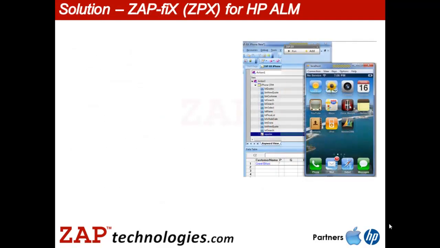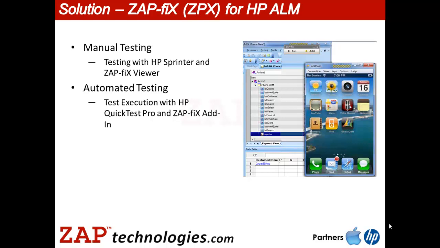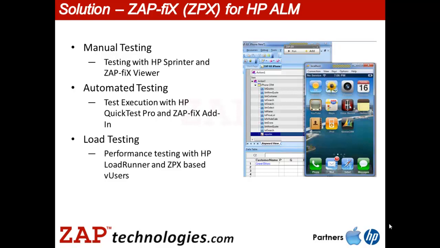Now, the solution for all these challenges is ZAP-FIX for HP ALM. For manual testing, we offer testing with HP Sprinter and ZAP-FIX Viewer. For automated testing, we can use QuickTest Professional with the ZAP-FIX add-in. And for load testing, you can use performance testing with HP LoadRunner and ZAP-FIX based virtual users.